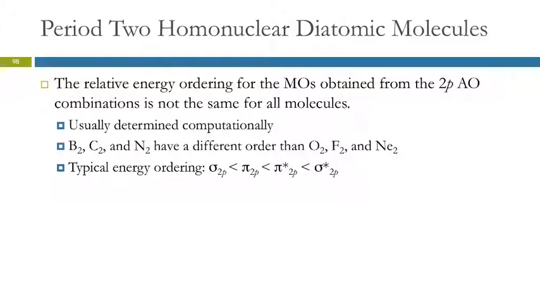Well, they determine this by calculation, and it can vary. And so we're going to take sort of a general, broad approach. These smaller ones, boron, carbon, and nitrogen, have a different order than oxygen, fluorine, and neon. The general ordering is this.